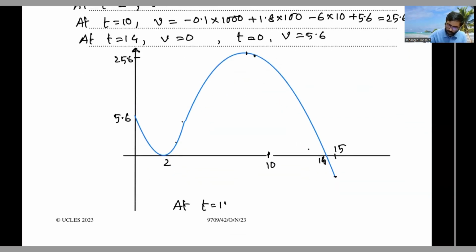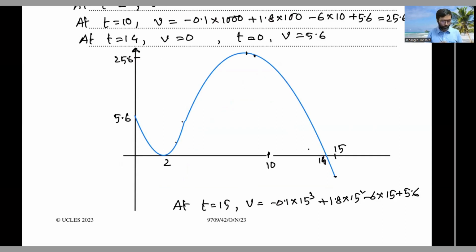At t equal to 15, velocity is minus 0.1 into 15 cubed plus 1.8 into 15 squared minus 6 into 15 plus 5.6, which will give you minus 16.9 meters per second.